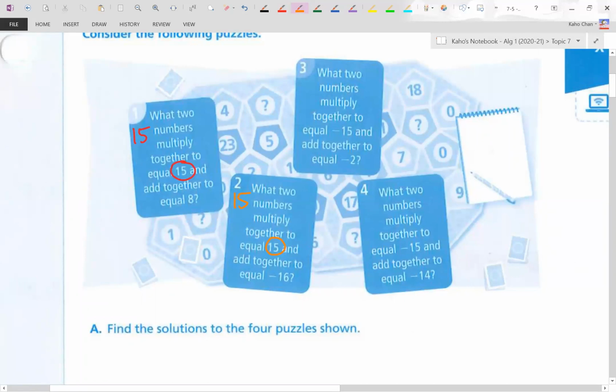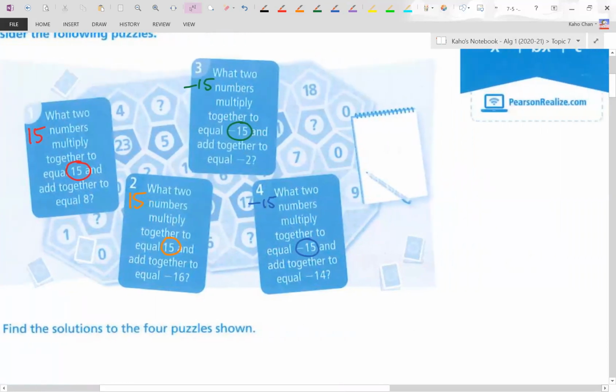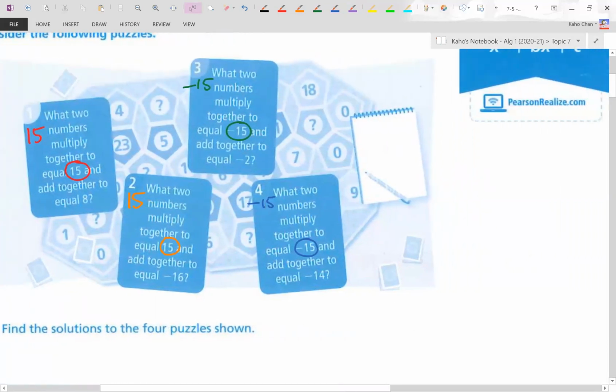Number 3 is negative 15. Number 4 is also negative 15. What I'm going to do is list all the possible ways of multiplying 2 numbers together to give me negative 15 or positive 15. So let's do that.